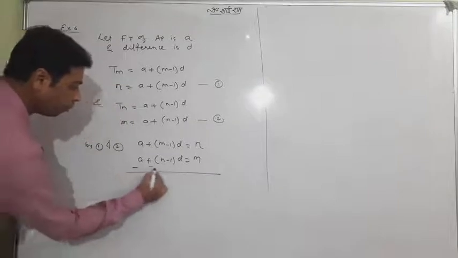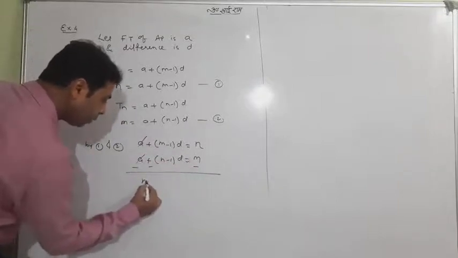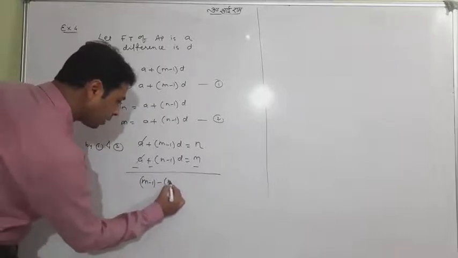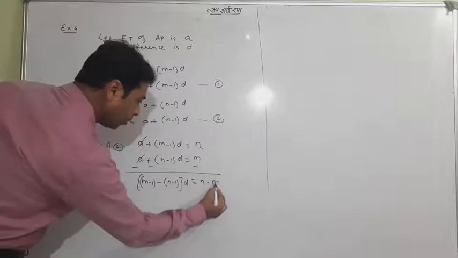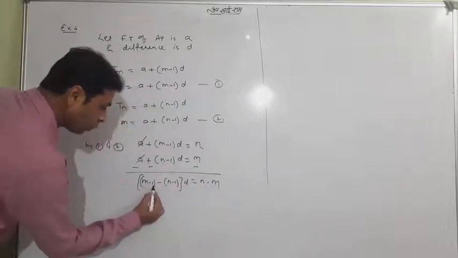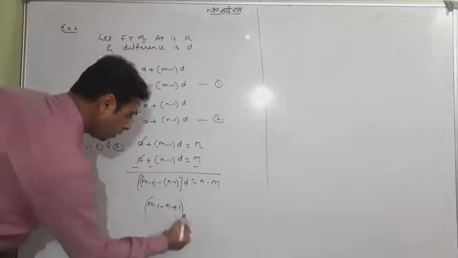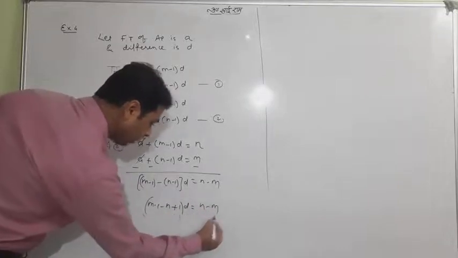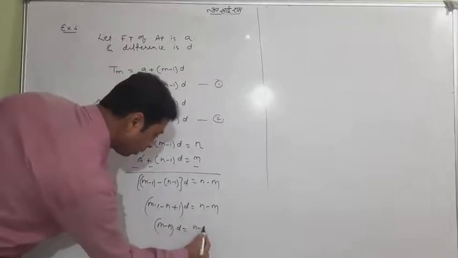I'll solve them. The two A's cancel. Take D common: (m minus 1 minus n plus 1) D equals n minus m. So (m minus n) D, the 1 and 1 cancel, equals n minus m.